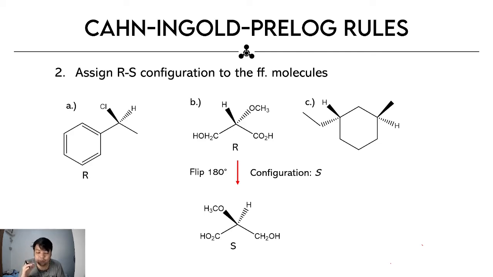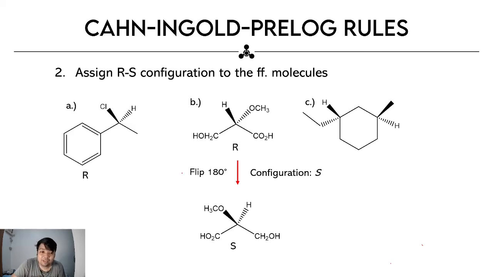Now, when you assign the RS configuration and then flip the molecule such that the fourth priority substituent is at the back, the configuration will also flip.